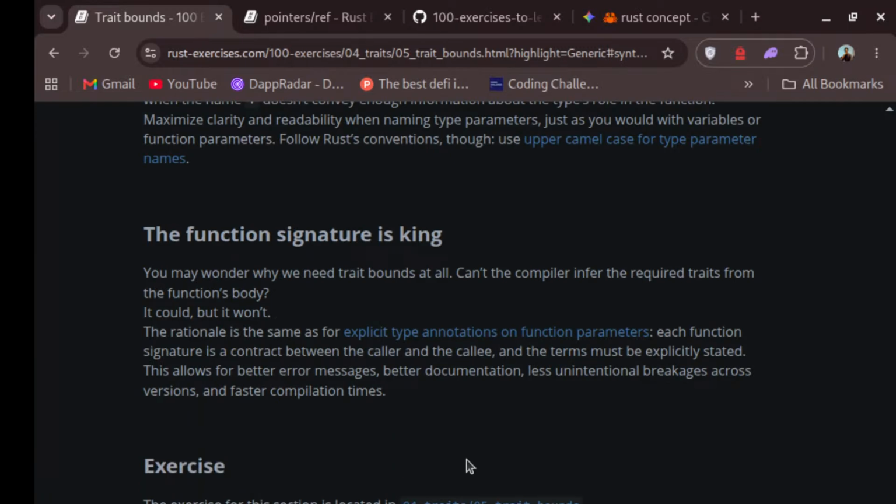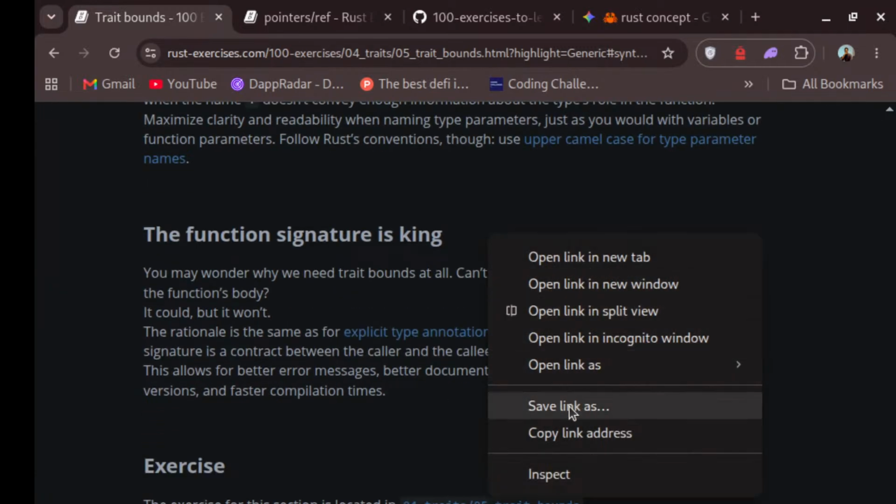The function signature is the contract between the caller and callee, and the terms must be explicitly stated. This allows better error messages, better documentation, less unintentional breakage across versions, and faster compile time.